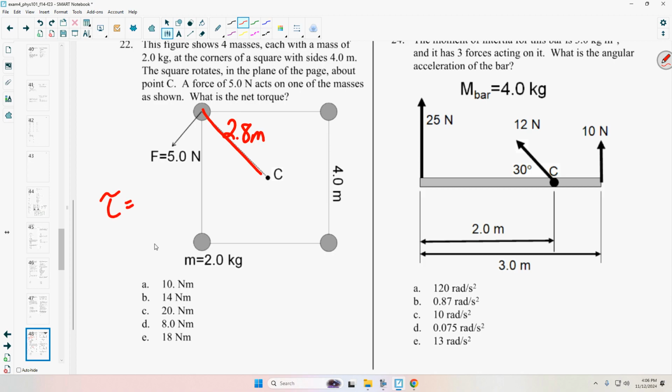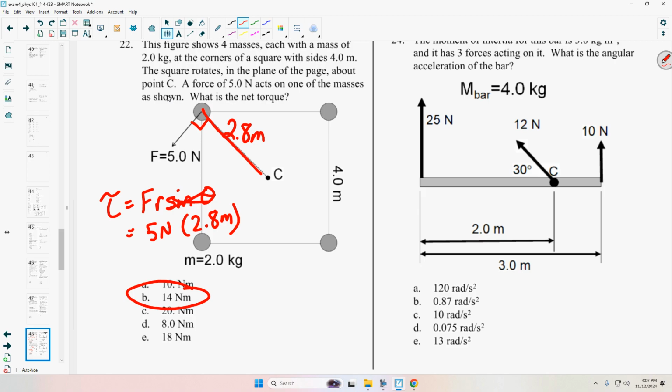So the torque is equal to F r sine theta. Theta here is that angle, 90 degrees, so I'll leave it off because sine is equal to 1. That's 5 newtons times 2.8 meters, which is 14. B is the right answer.